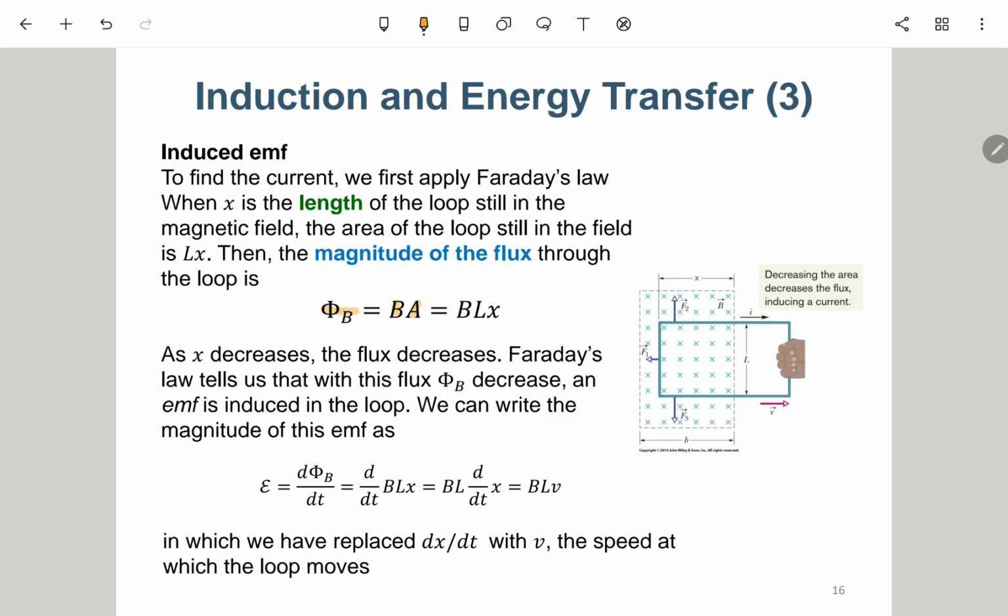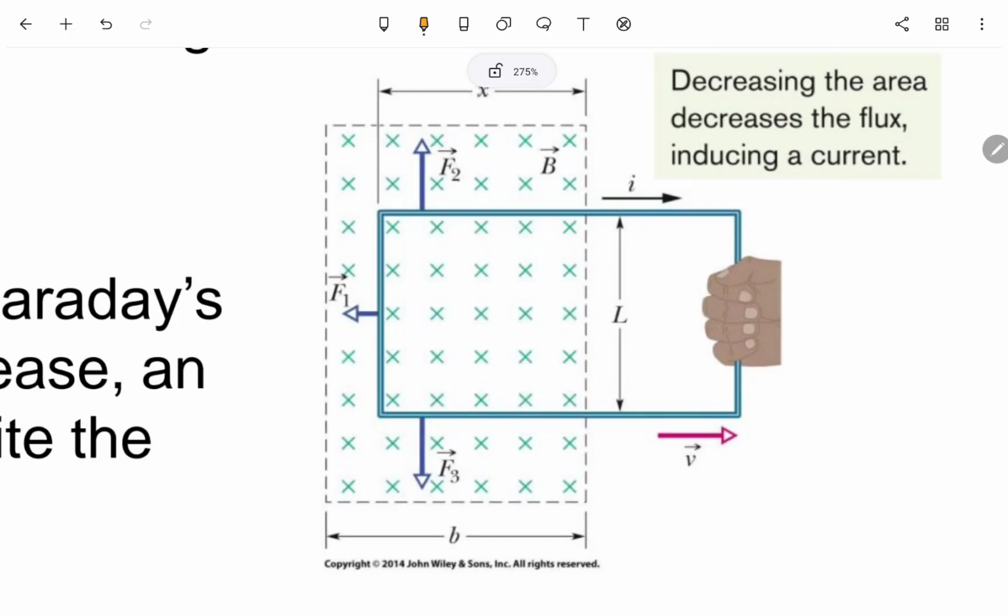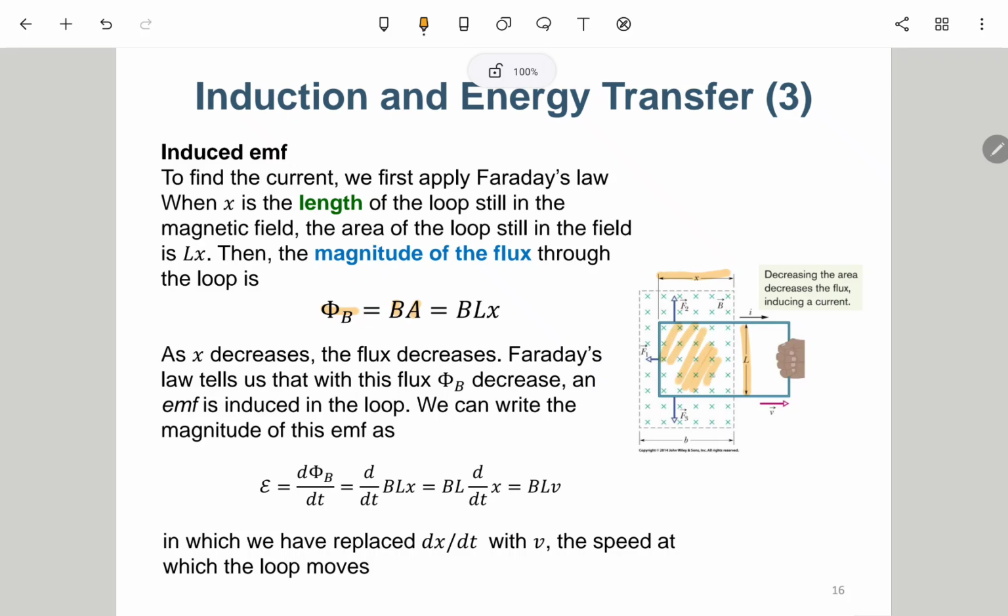And then A will be L, the height, and X, the part inside the B field. So we consider this area to be L times X, and the V is moving to the right side, so dx/dt is negative v, or just v.